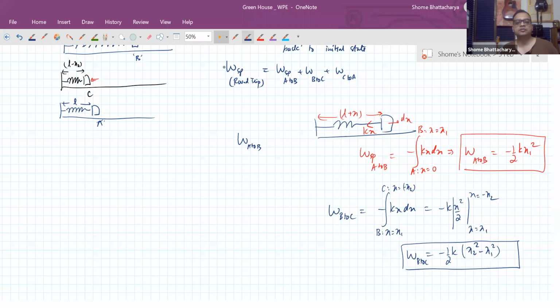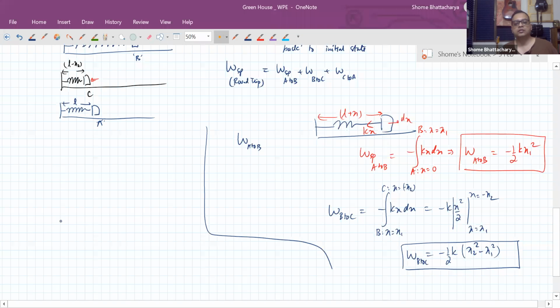And likewise, when you're coming back from C to A, at some point of time, your spring is compressed by x. So it's pushing the block in this way, and the displacement is happening in this manner.